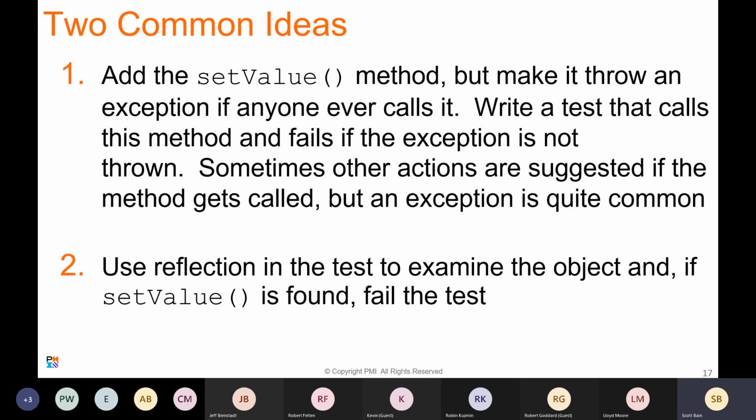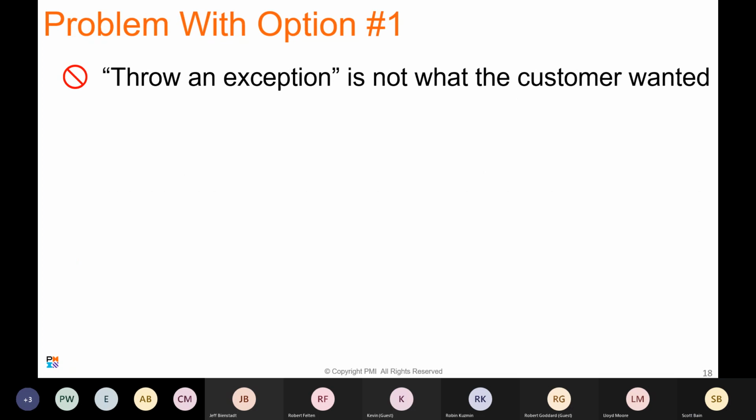Or 2, use reflection to have the test search for the set method in the system and fail if it finds it. The problem with option 1 is that we're basically making up things on our own. The customer did not ask for an exception here. They want the action to not be possible at all. Those are not the same thing.